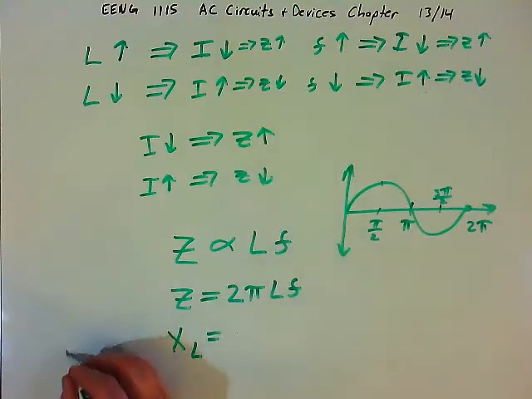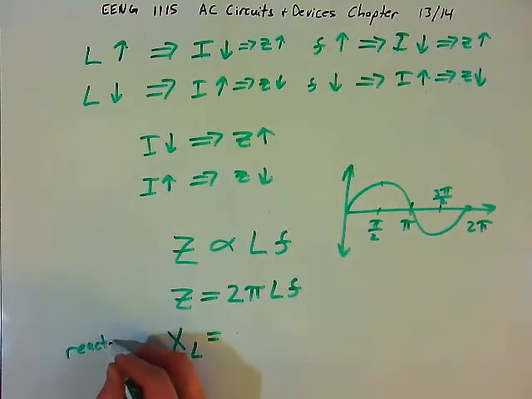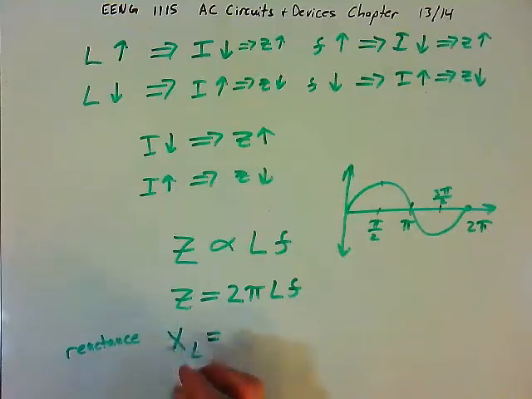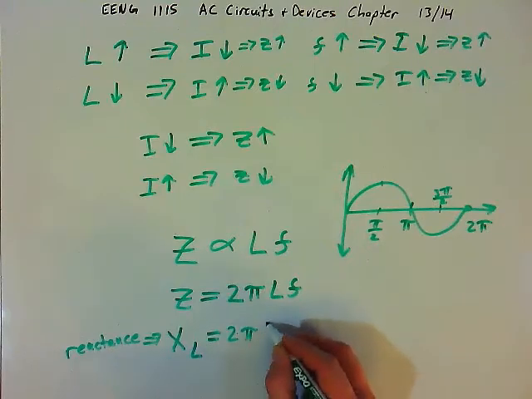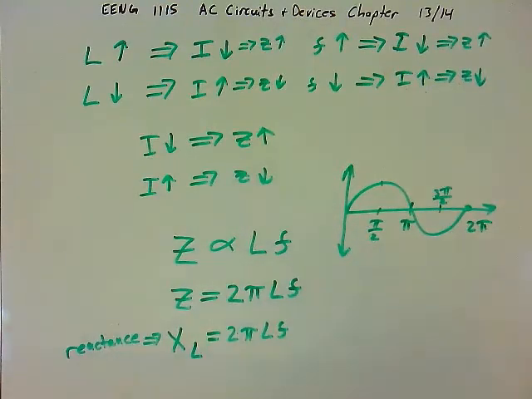We call this the reactance. And we denote that by X sub L, where L stands for inductance. We want to say that the inductor reactance is equal to 2 pi times L times F. Now when we go to look at circuits that have inductors and resistors, then we'll be looking at impedance, and we'll need to be combining reactances with resistances, and we'll see how to do that shortly.